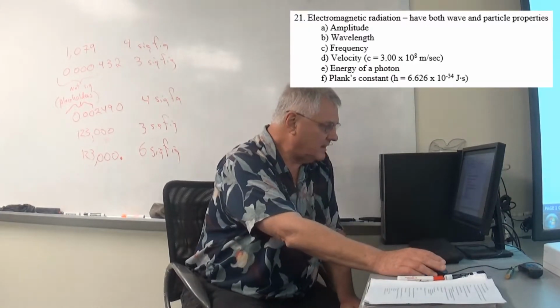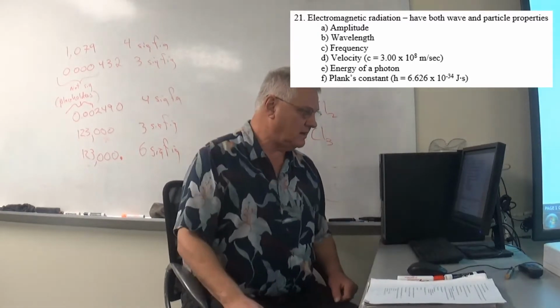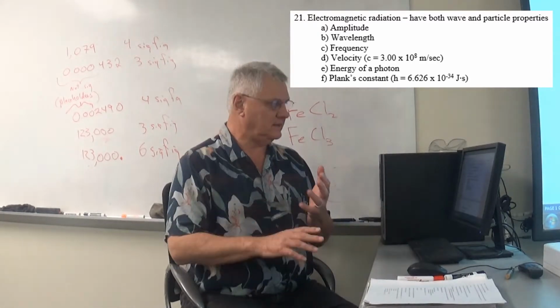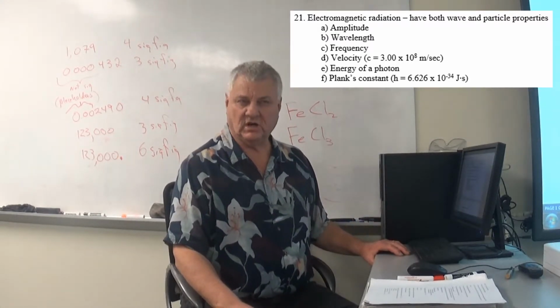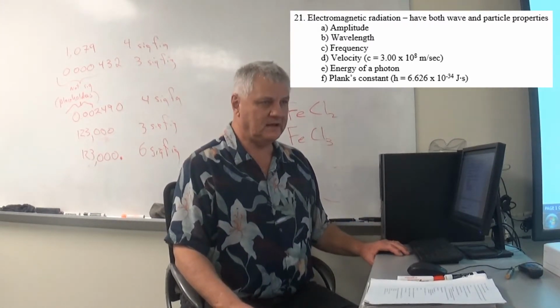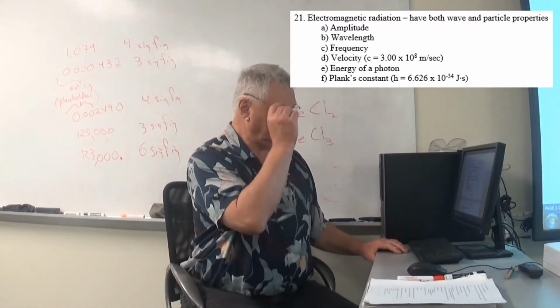We studied electromagnetic radiation, which has both wave and particle properties. When we talk about electromagnetic radiation as a particle, we call it a photon. It doesn't have any mass, and it's sort of a packet of electromagnetic radiation.